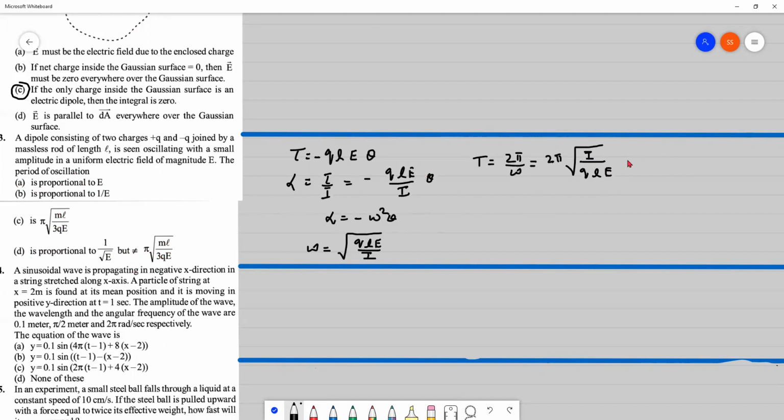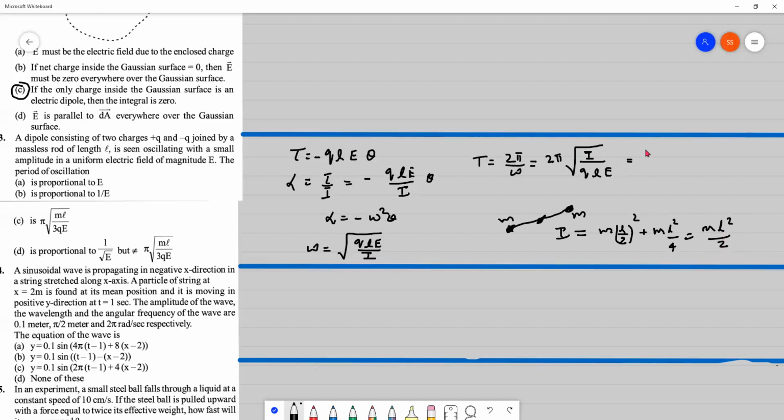I should be equal to, in case of a rod with mass M at each end, about this point, the moment of inertia is M(L by 2) squared plus M(L by 2) squared. That is ML squared by 4 plus ML squared by 4, which will give you ML squared by 2.